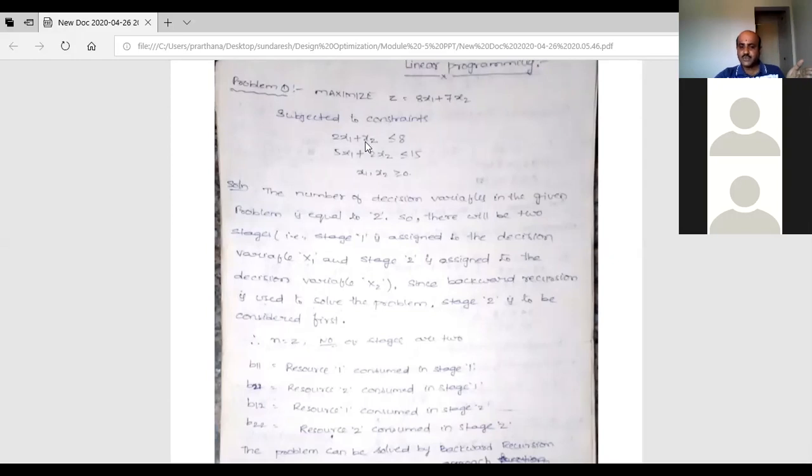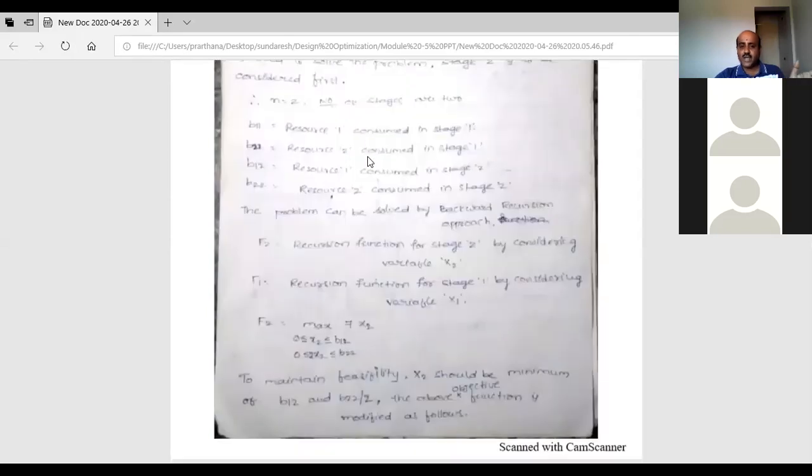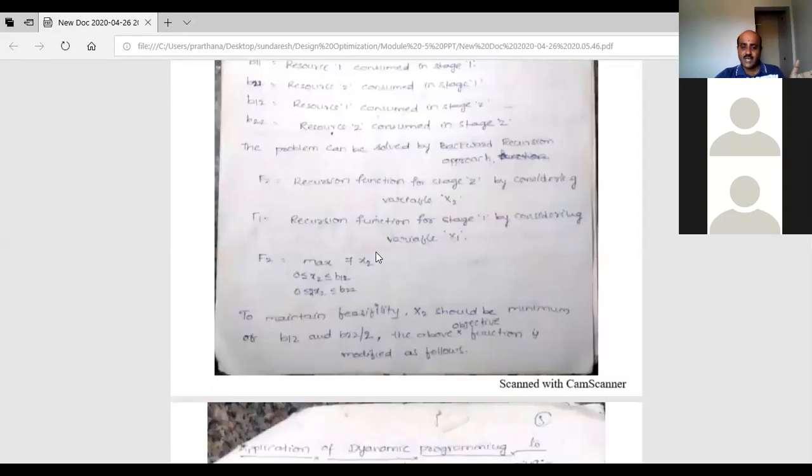In the first constraint, the x2 value will lie between 0 and b12, and in the second constraint, 2x2 lies between 0 and b22. This is what we have written here. Please understand this expression. If you know how to write it, things will be very easy for you. Okay, I think people are following. If there is any clarification, you can stop me at any time and clarify your doubt.